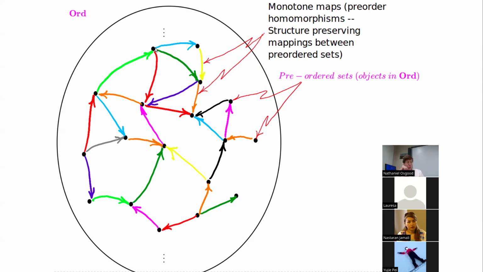Then I might ask you, is there for every object an identity morphism? So if we imagine we have a pre-order, is there a well-defined notion of an identity morphism on the pre-order that is a monotone map from it to itself?